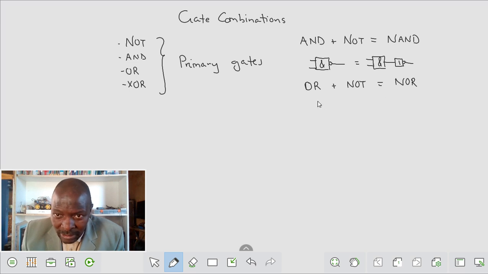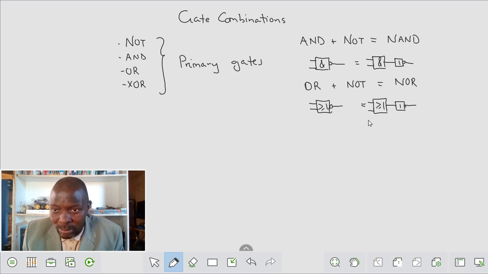Again, this was ultimately a single gate, but what we mean here is that this NOR gate can actually be achieved by combining the OR gate with the NOT. So this is actually two gates together. This might be one gate, but you can get it from combining two gates.